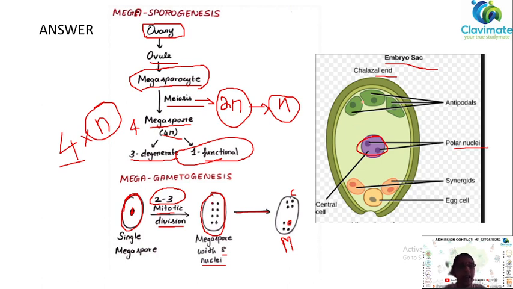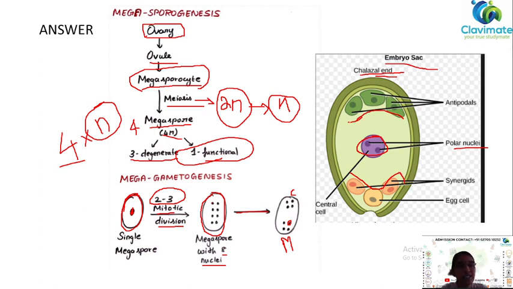And let's go to the chalazal end. So at the chalazal end we have 3 nuclei, and at the micropylar end we have 3 nuclei, and they will develop into cells. So now the chalazal end will have 3 cells and the micropylar end will have 3 cells.